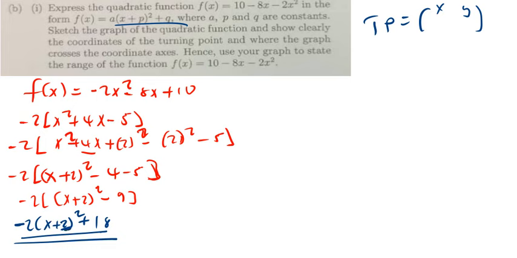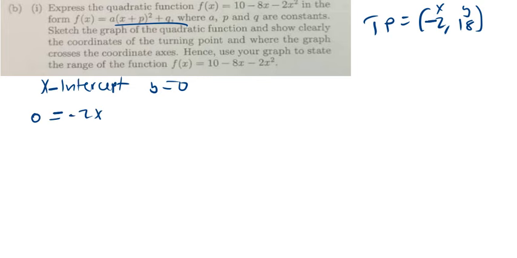After doing that, the next thing is to find the intercepts, because you can't sketch without them. To find the x-intercept, set y equal to 0. So it will be 0 equals negative 2x squared minus 8x plus 10.